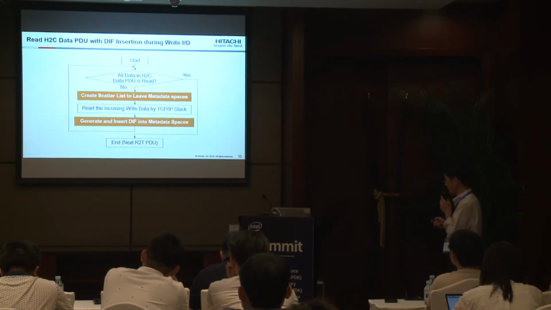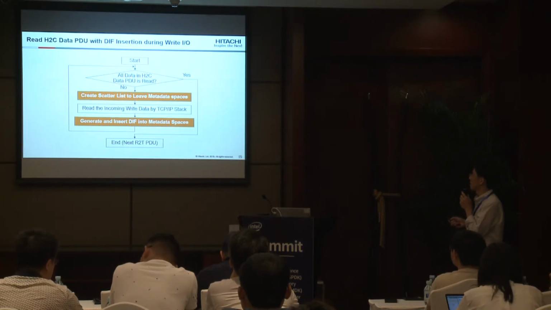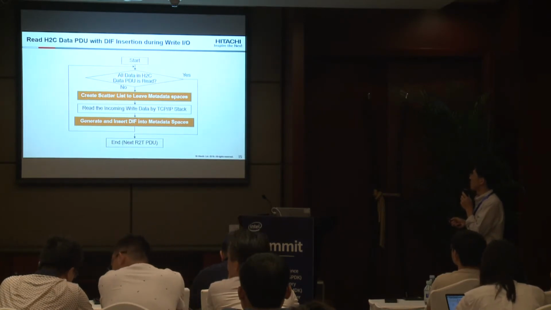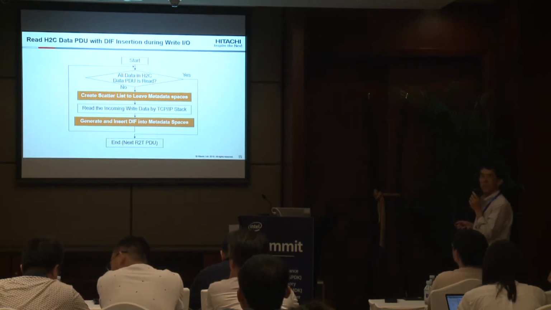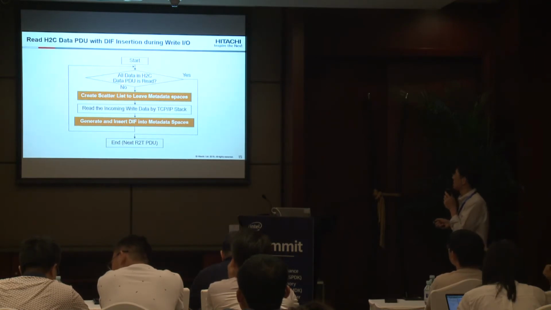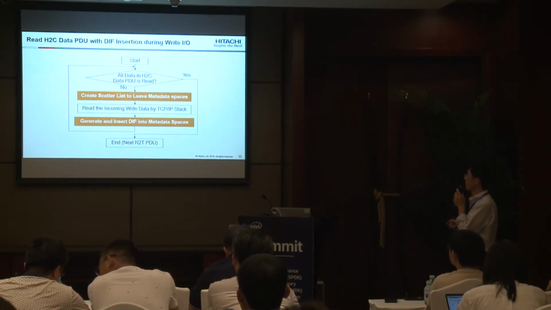This page also highlights 2 operations because these are specific to the DIF insert and strip feature. So let's start. This flow also has a loop, and until reading all data for each PDU, the first step is to create a scatter list.